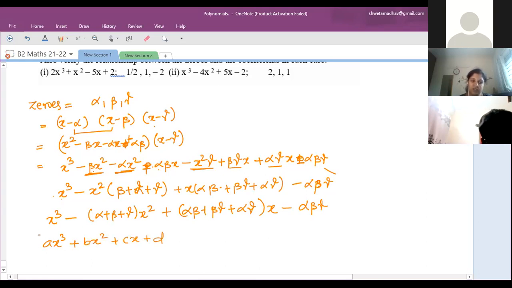Now convert this equation in this form. It is x cubed plus b by a x square plus c by a x plus d by a.